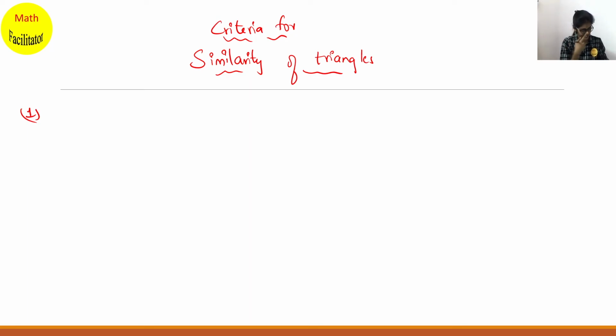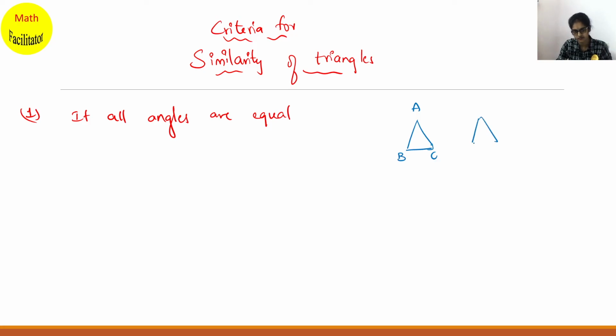So the first criteria is nothing but, two triangles are similar if all the angles are equal. Suppose you have two triangles ABC, DEF.